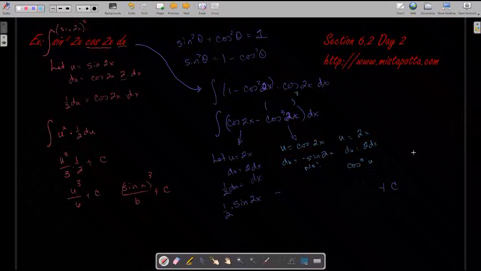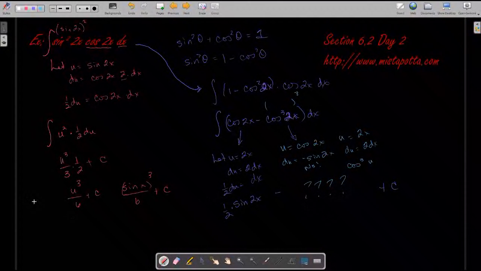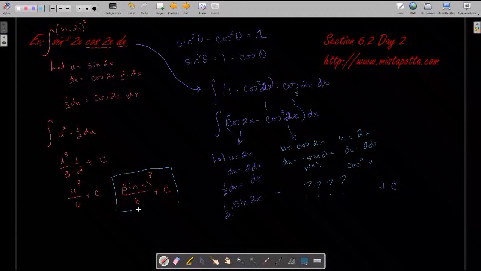So because this isn't going to help me at all, I have no idea how to approach this part over here. And so I noticed that just going this standard way is probably going to be the best way.